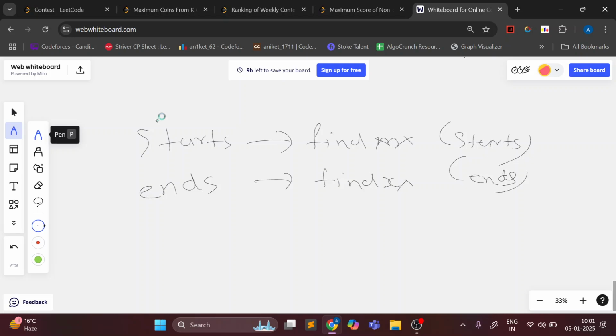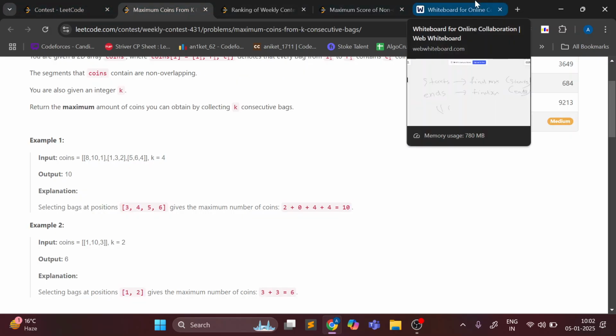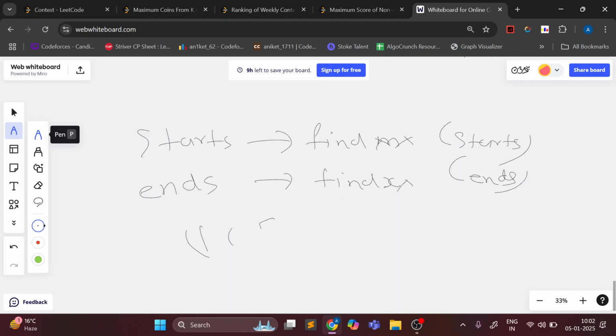So in our case, the starting intervals were 1, 5, 8, and the ending intervals were 3, 6, 10.